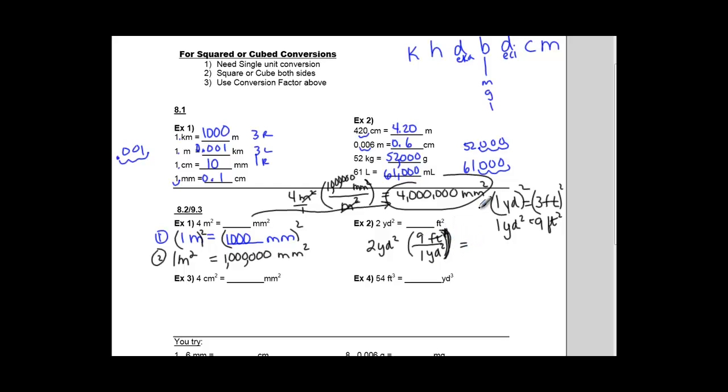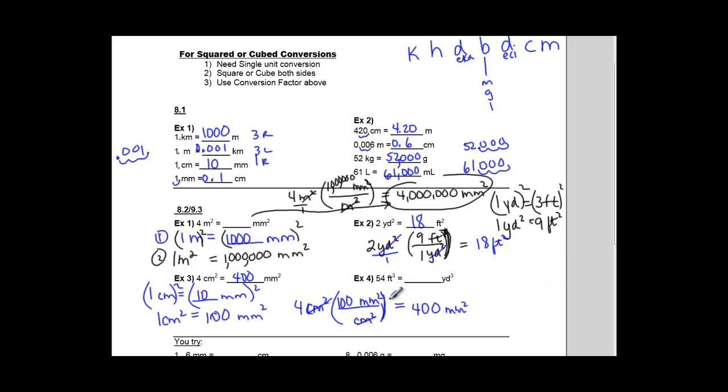Now we multiply. The square yards will cancel out. Multiply across the top, and we do have an understood 1 here. So I'd end up with 18 square feet over 1. So 2 square yards is equal to 18 square feet.